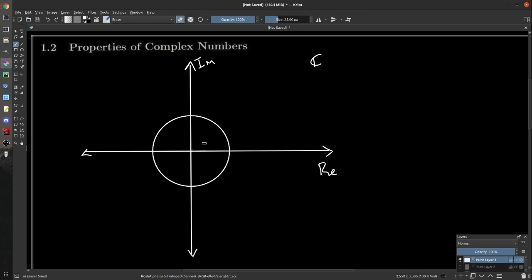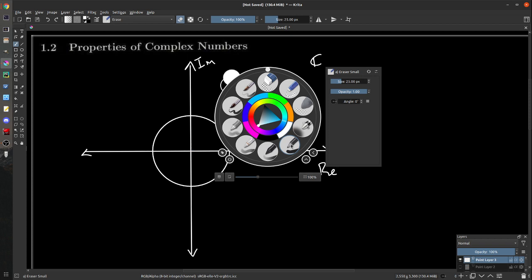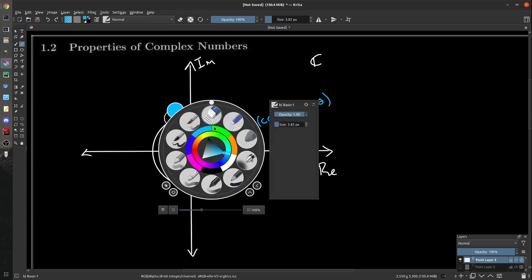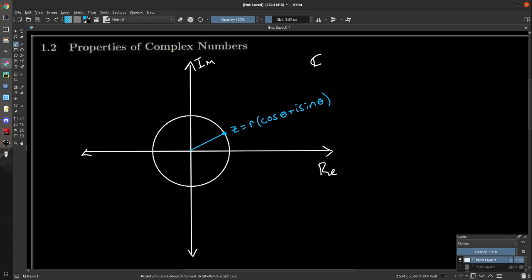But notice that if we're sitting here on the unit circle and I take some point, let's call this Z, well, then Z will be given by R cosine theta plus i sine theta, for the theta corresponding to this point. And R here is 1, right? If we're on the unit circle.